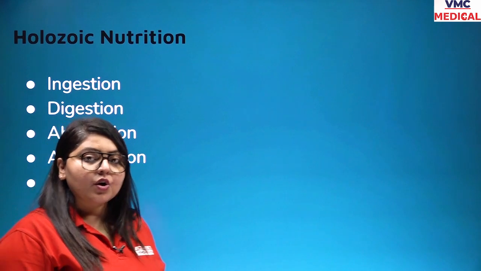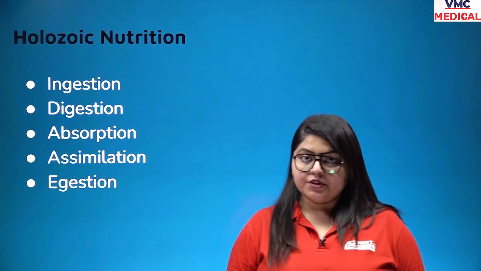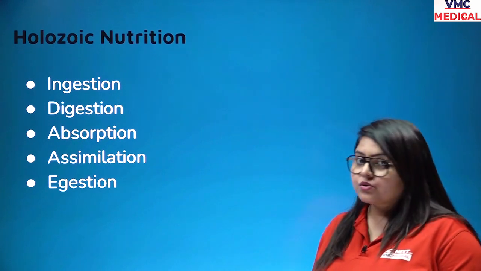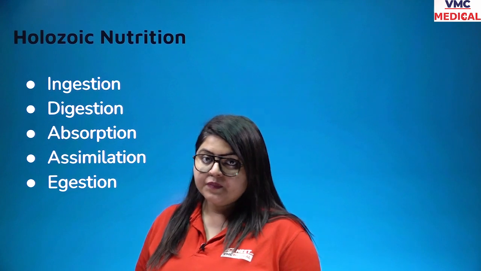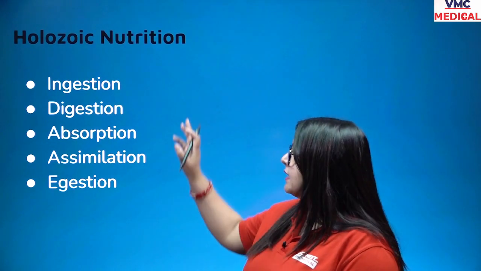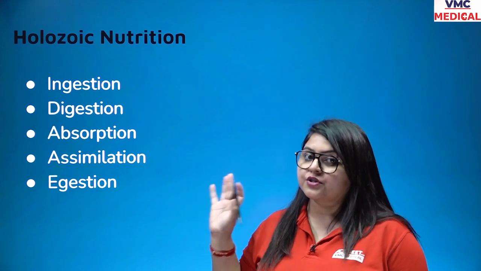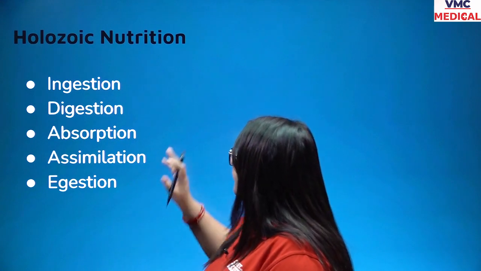Okay. Now talking about the next part, that is our holozoic mode of nutrition. In case of holozoic mode of nutrition, we follow these 4 things. Clear? Make it very clear in your mind that all these four things are necessary in holozoic mode of nutrition. Okay, I will be explaining to you each and every part.